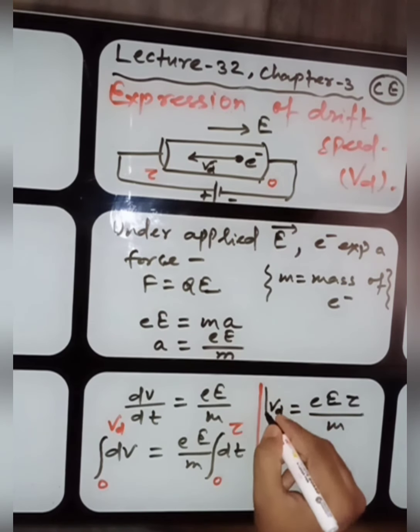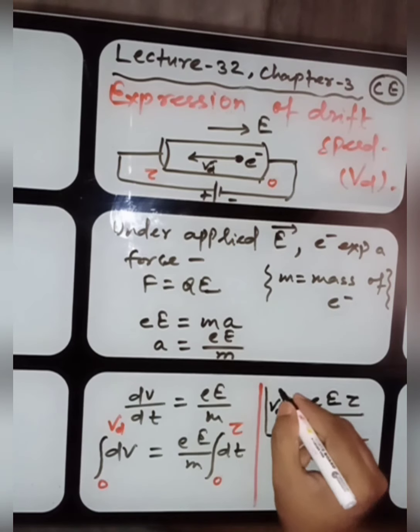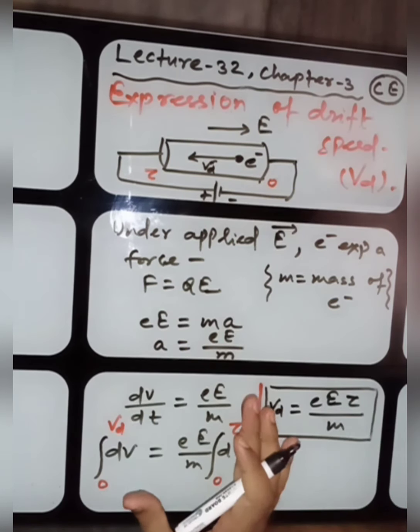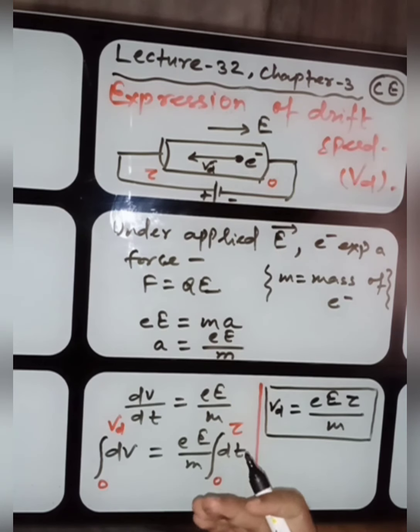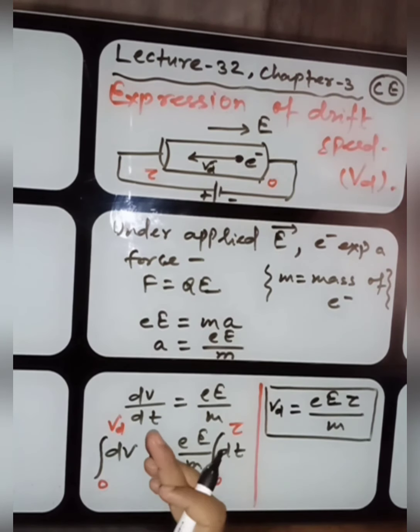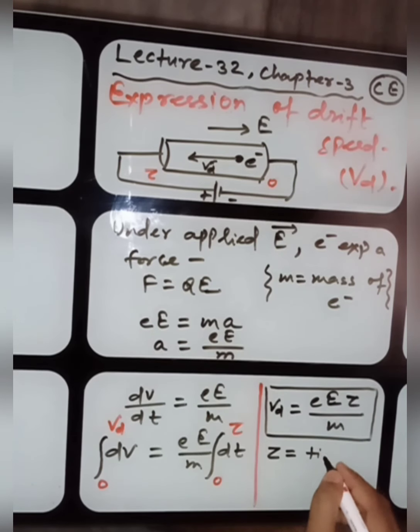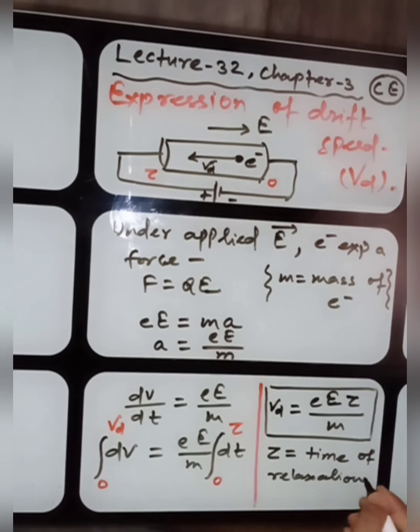This is the drift speed, the simple equation of drift speed attained by the electron. Now about this tau, the time of relaxation. What does it mean?